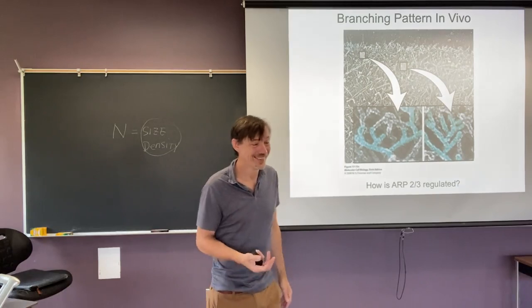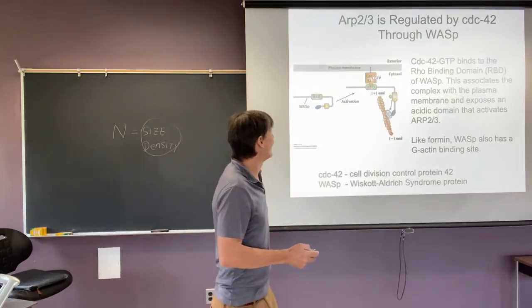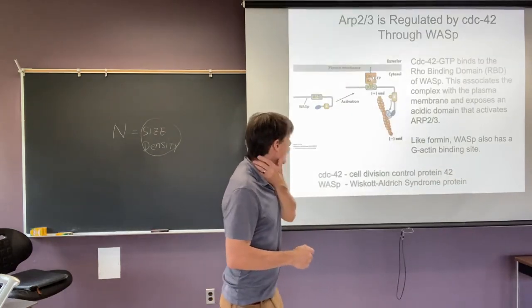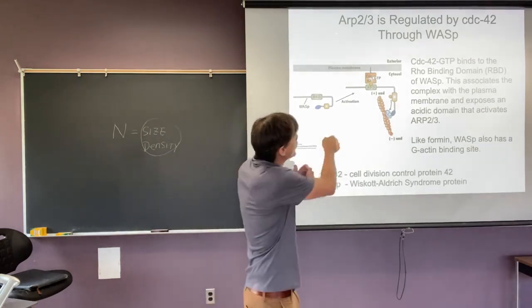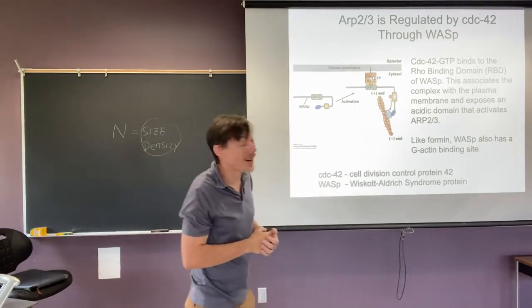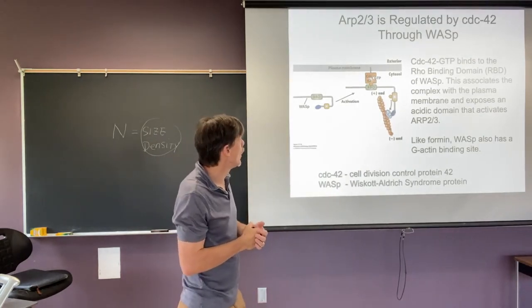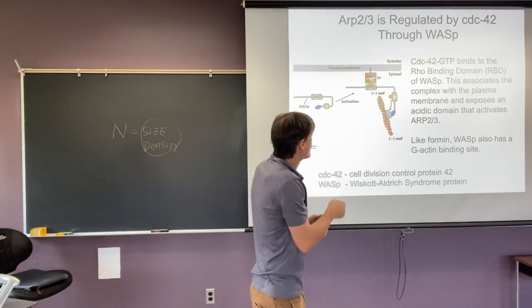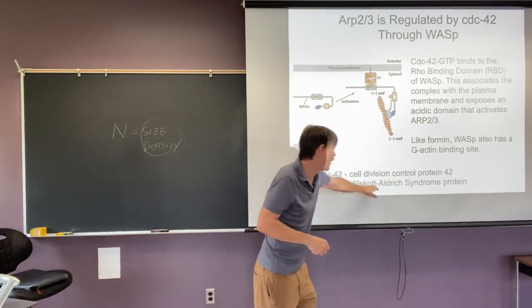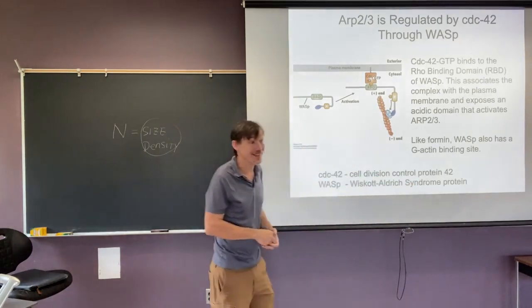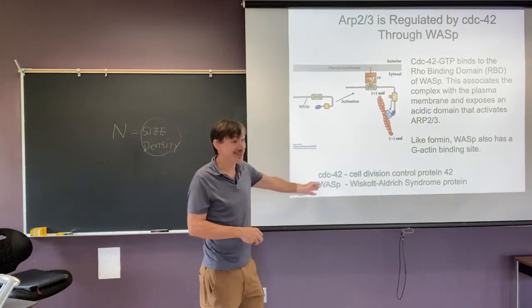Okay. All right. So we talked about these Rho family GTPases, and ARC2/3 is regulated by CDC42 through the protein WASP. And WASP stands for Wiskott-Aldrich syndrome protein, not the insect.